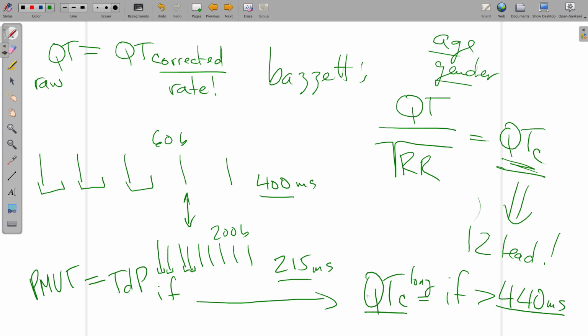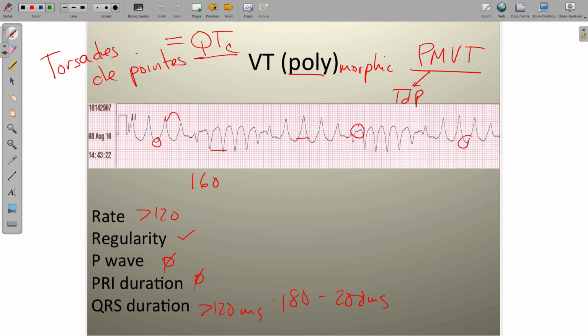So let's say we don't know what the QTC is. If you don't know what the QTC is, but you have polymorphic VTach, we call this polymorphic VTach. You cannot assign it this name of torsades. If you don't know what the QTC is, you've got to call it polymorphic VTach if it looks like this. All right? If it looks like this, we have to call this polymorphic VTach.